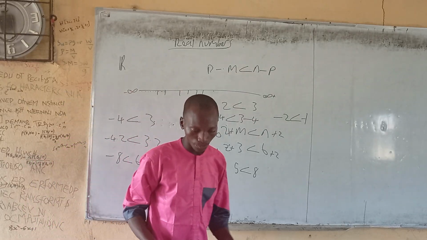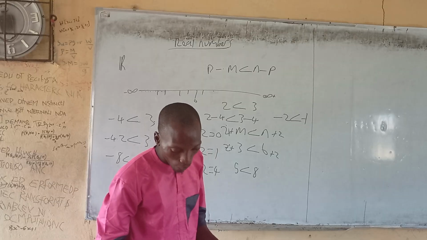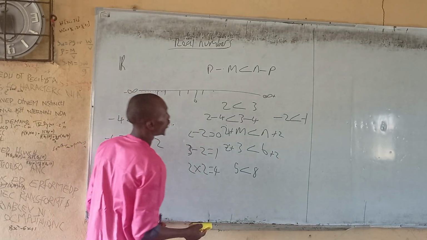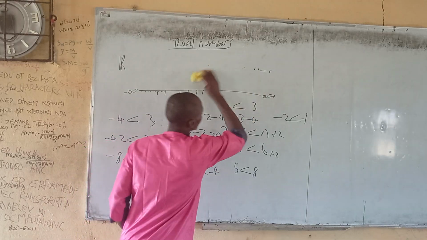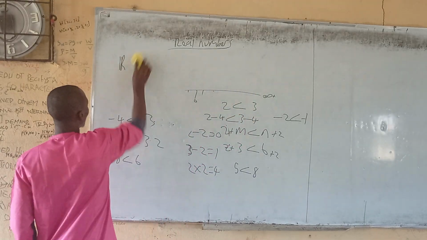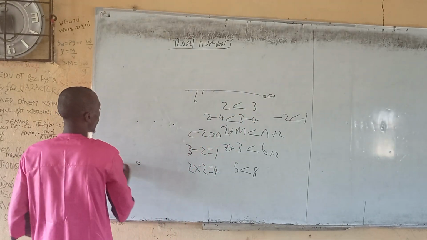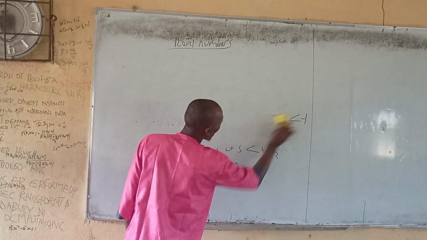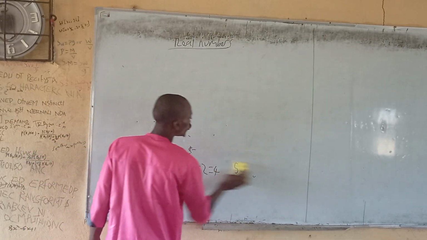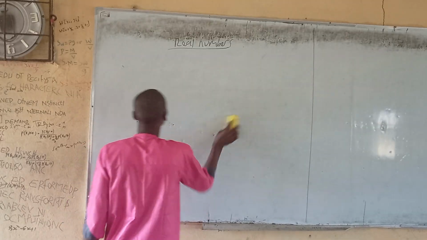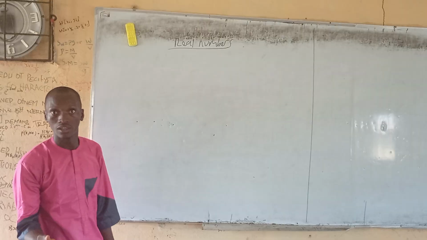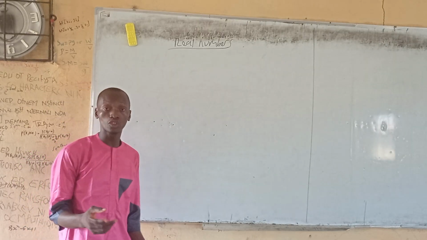So now let's move over to subsets of the set of real numbers. What are the subsets of real numbers? I've talked about the properties. Now I want to talk about the subsets of real numbers. How many types of real numbers are there? They are also called subsets, also called types of real numbers.